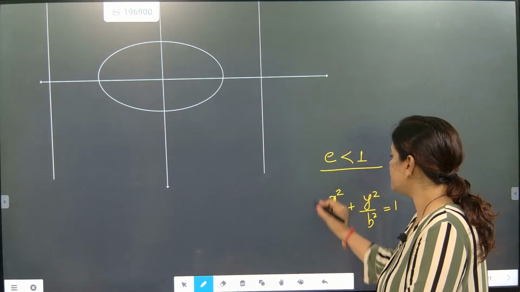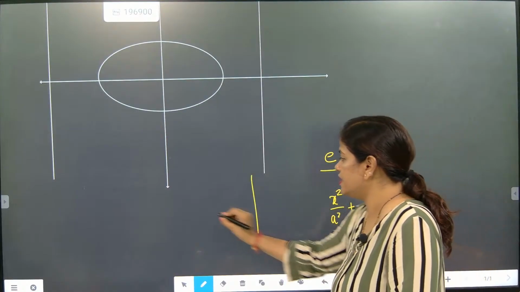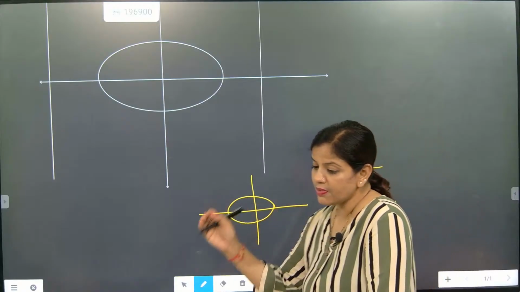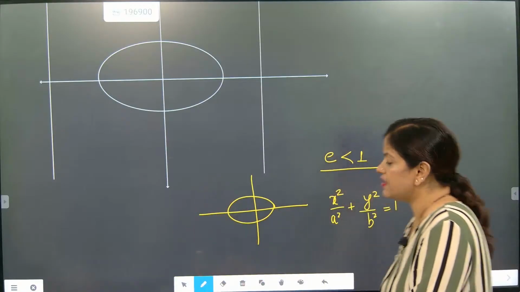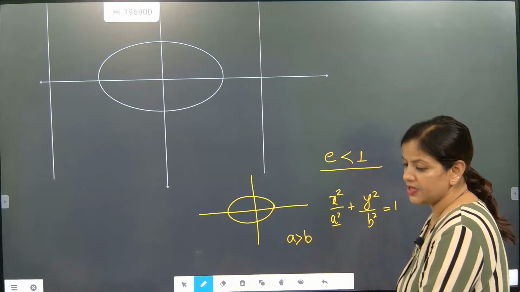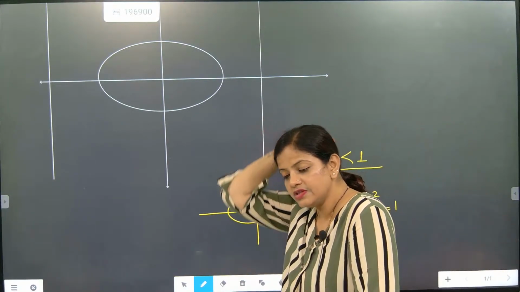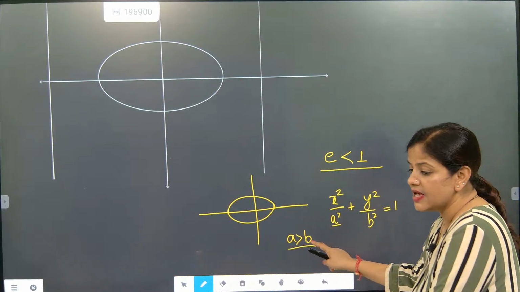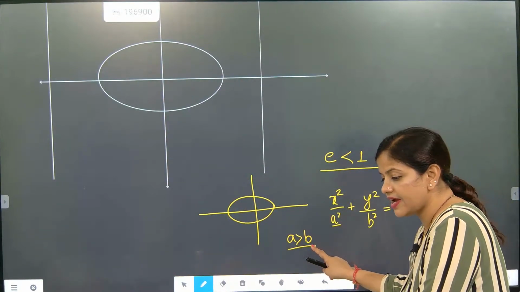Whenever the major axis of the ellipse is resting on the x-axis, A will be greater than B.